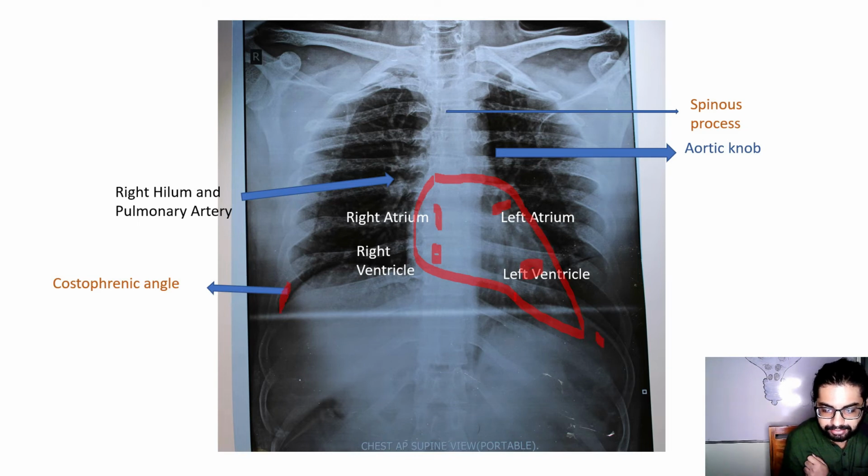And here, this is called the right hilum and pulmonary artery. This is called the aortic knob, and the bones which are visible here are the spinous process of the vertebra.